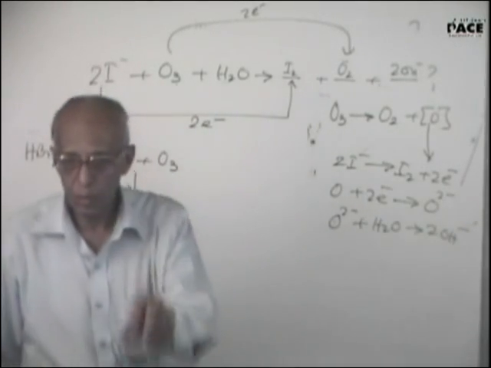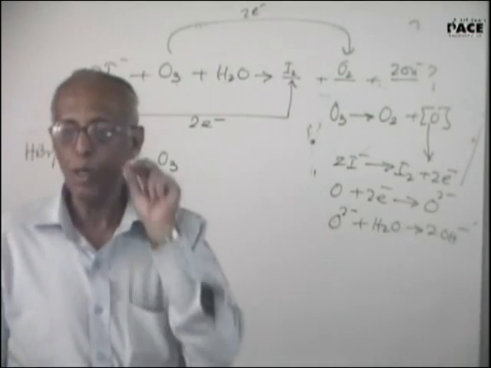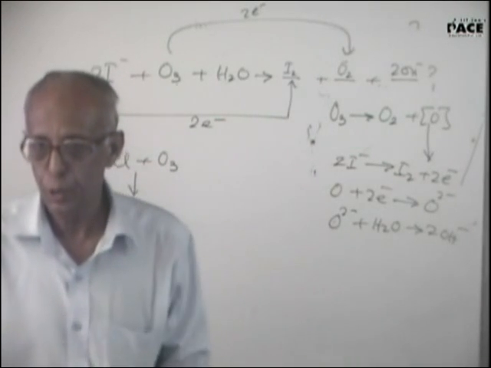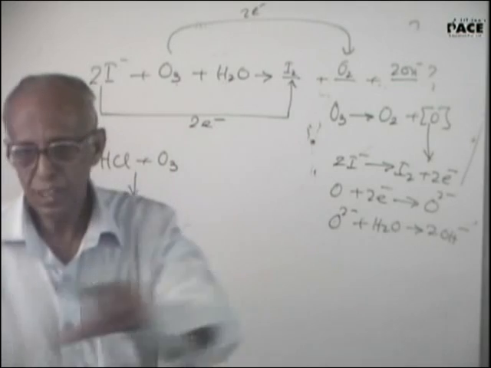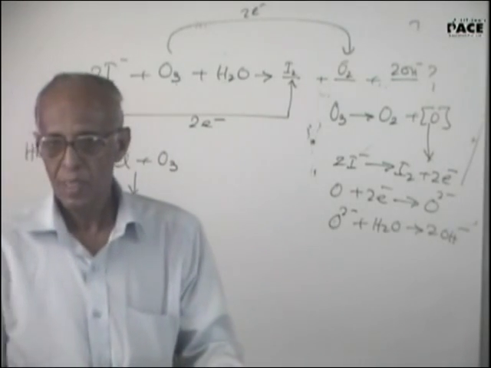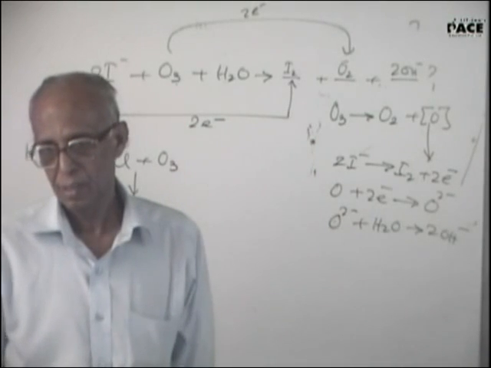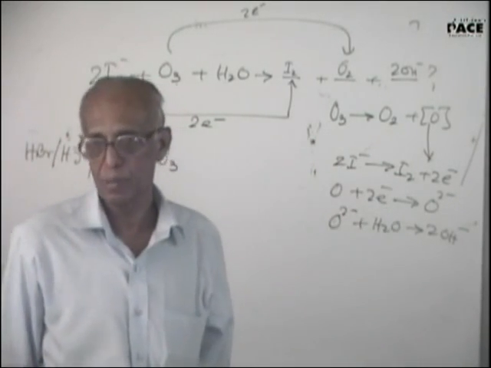And nascent oxygen is the oxidizing species, which is oxidizing iodide to iodine and gets reduced to oxide ion. Oxygen is not doing any oxidation. It is the nascent oxygen that is a powerful oxidizing agent. It's a much stronger oxidizing agent than the oxygen molecule.